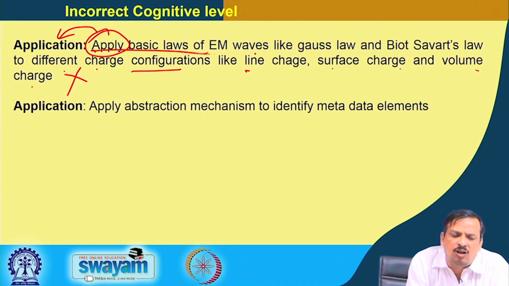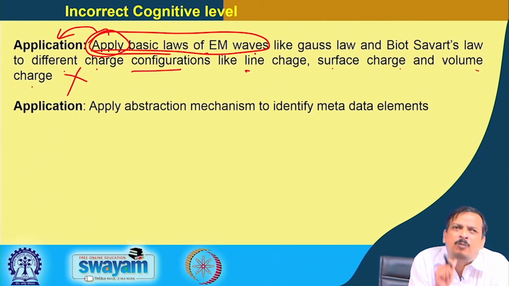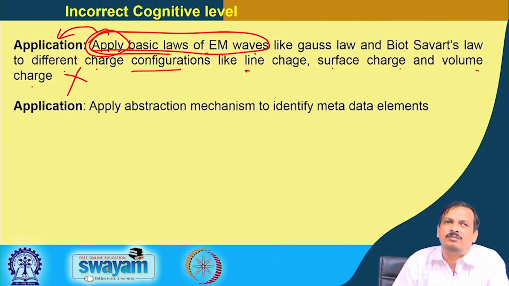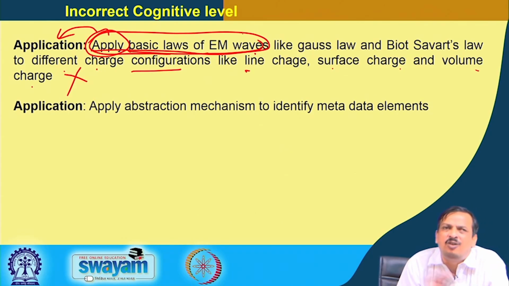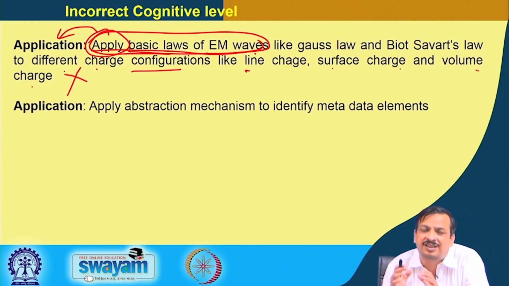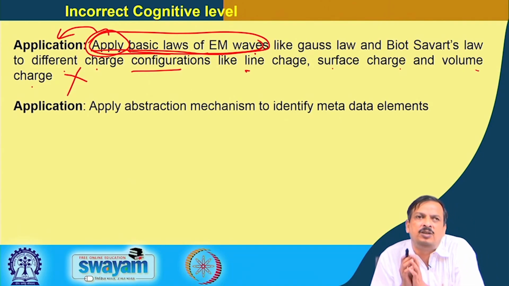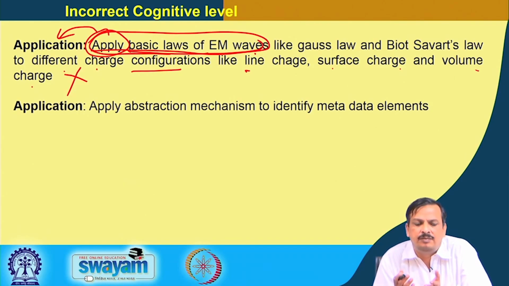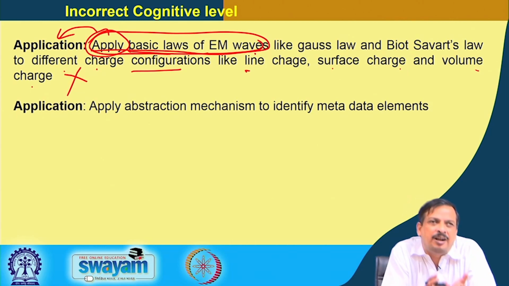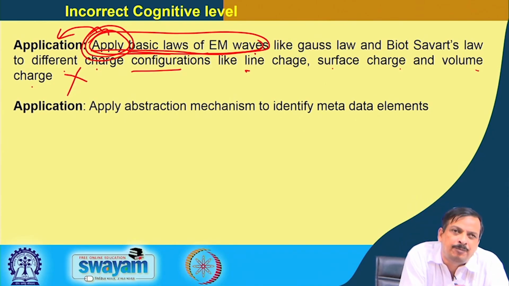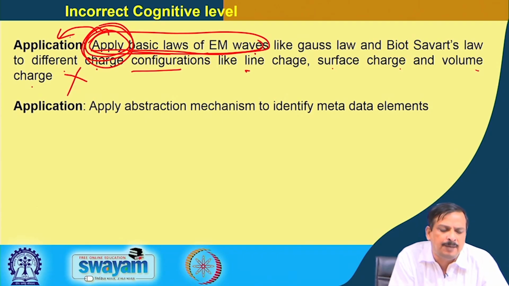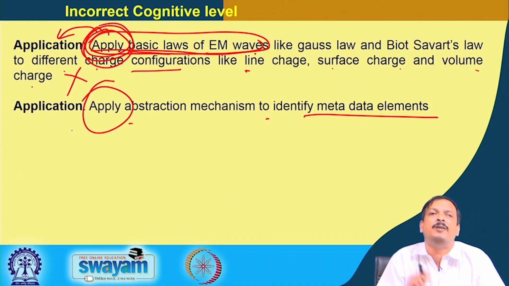So, apply basic law of EM waves is not the performance of the learner. They have to use the basic law of EM waves, but that is not the performance. What is the performance? Suppose they know the use of EM waves, then what has to be done? Either they have to calculate, determine or solve, and that is not there. So, this apply is not application level. Apply abstraction mechanism to identify the metadata element: this apply is not application level.